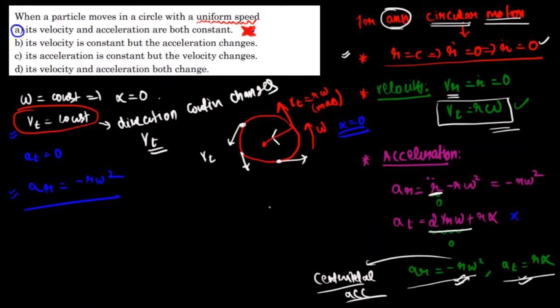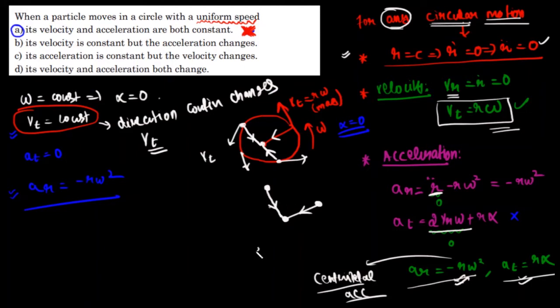Similarly, acceleration also. Now acceleration is acting like this, right? For this particle, acceleration will act like this. For this particle, acceleration will act like this. Of course, the acceleration is acting towards the center only. That is accepted. But as the particle keeps on rotating, if the particle reaches here, the direction of acceleration is changing.